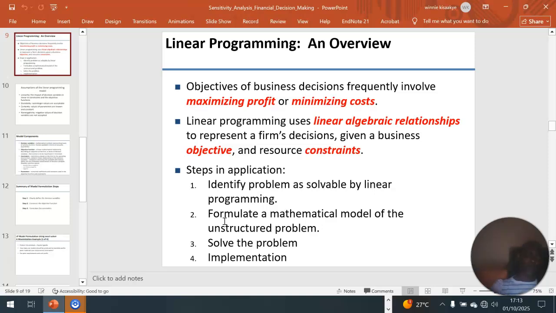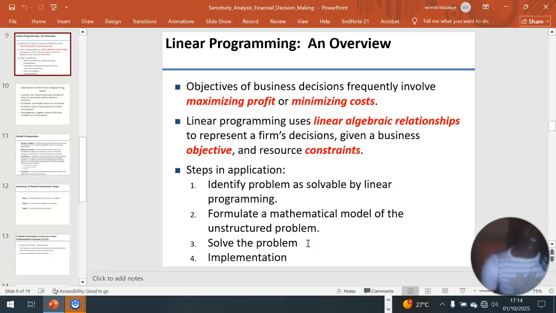You just have a problem at hand and you've not yet formulated a solution because you don't know what to do. So you formulate a mathematical model for that unstructured problem so that you can go ahead and solve it by using solver. Solver can make it become structured upon finding the solution.